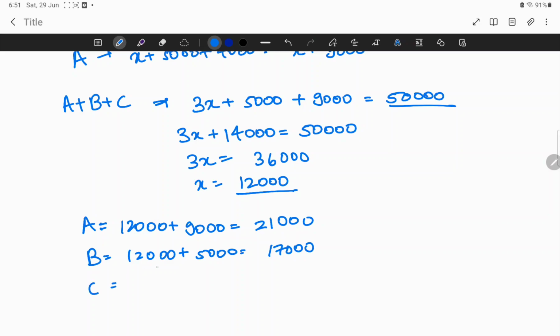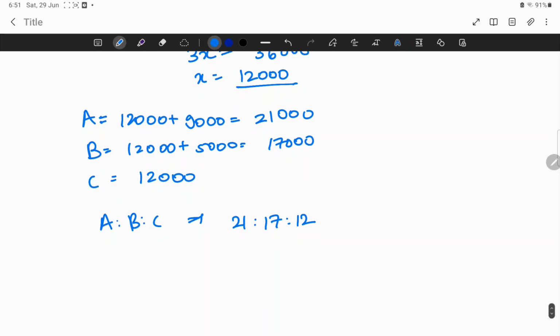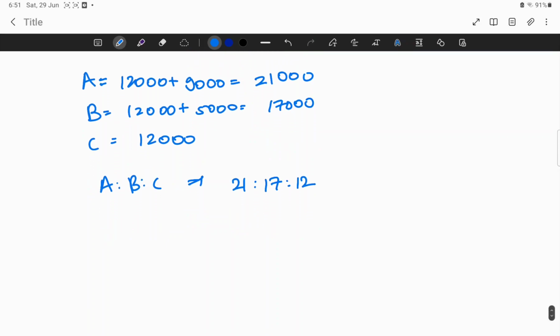And amount invested by C is 12,000. So the proportion of this will actually be A is to B is to C, which is 21 is to 17 is to 12. I am neglecting the 3 zeros because if we divide every number by 1000, it is not going to make a difference.